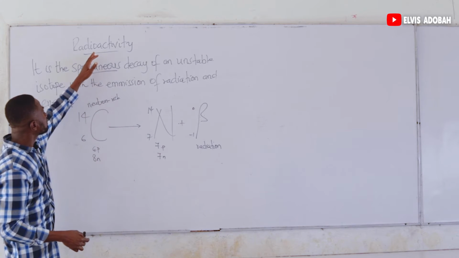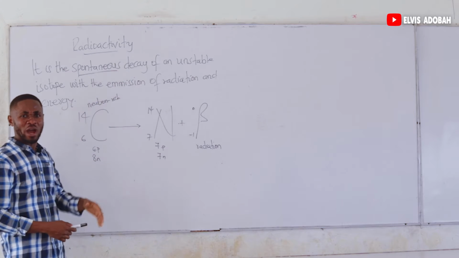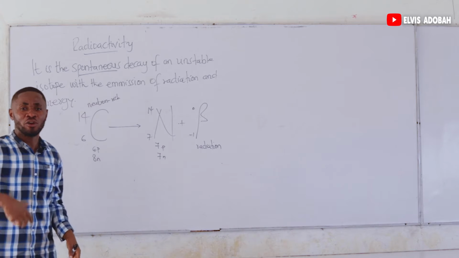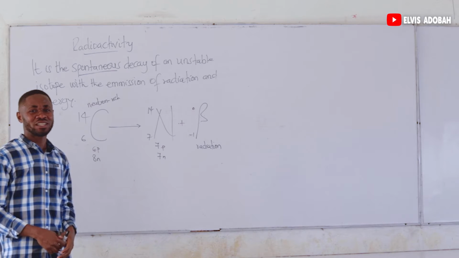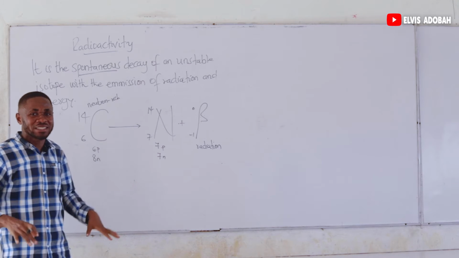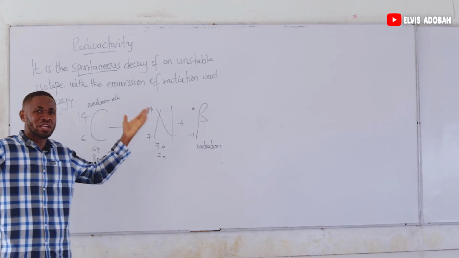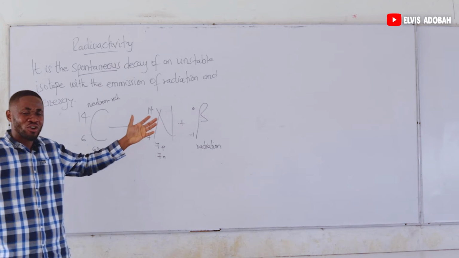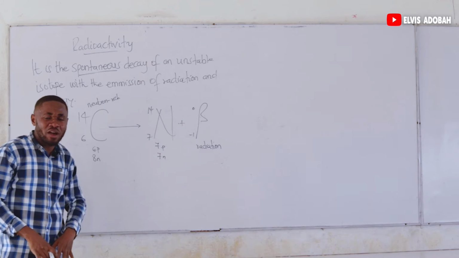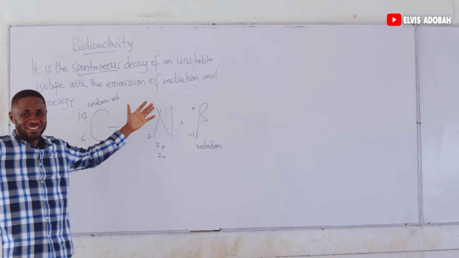This spontaneous decay is the reason why we say radioactivity is also known as natural radioactivity, because it is not caused. The isotope looks at itself and realizes that there's something wrong with it. Either it is neutron-rich or proton-rich, or the binding energy is smaller, or it has a smaller half-life, or it has too many nucleons.